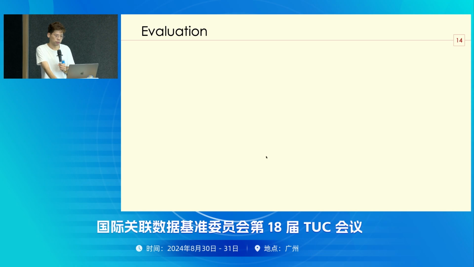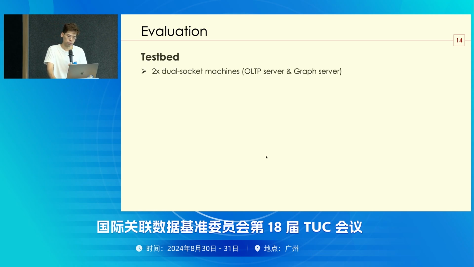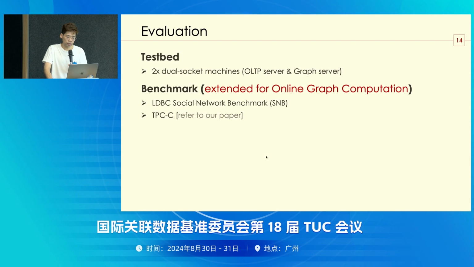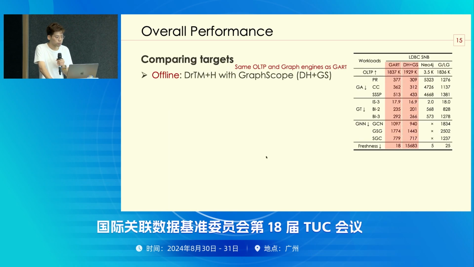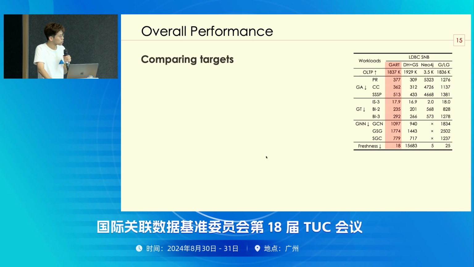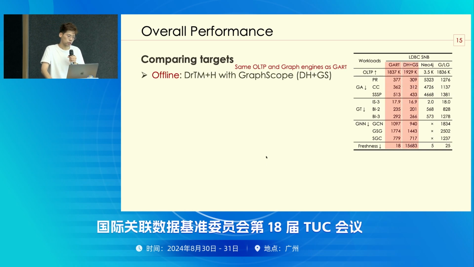Next, let's talk about some evaluation of our system. We conducted experiments on two machines, one for the OLTP server and the other for the graph server. We extended the standard benchmarks LDBC and TPC-C to accommodate online graph computations. We compared the performance of GART with offline approaches and online approaches.